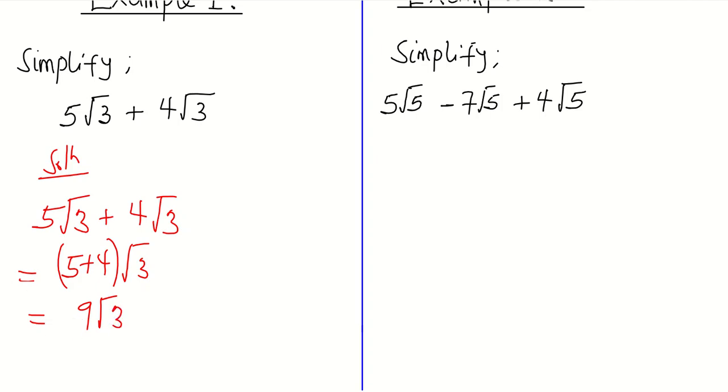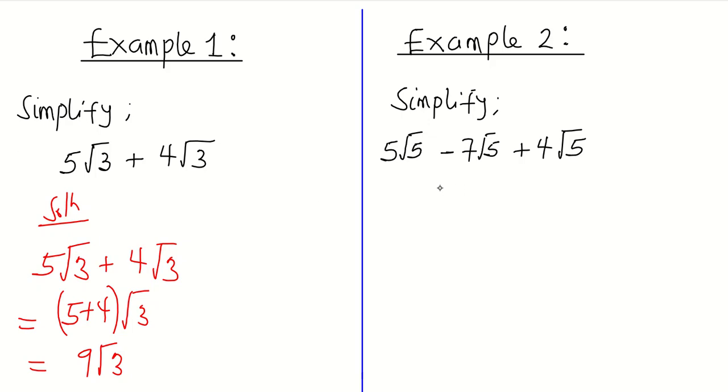Now let's try question 2. It says simplify 5 square root of 5 minus 7 square root of 5 plus 4 square root of 5. In this instance, we can see that the root components are the same.